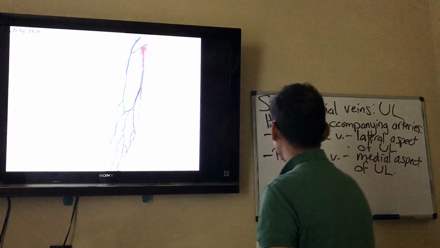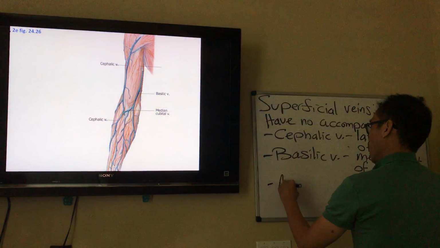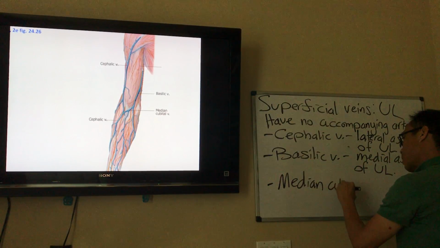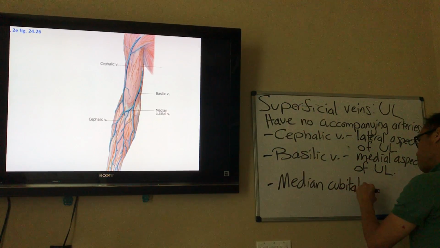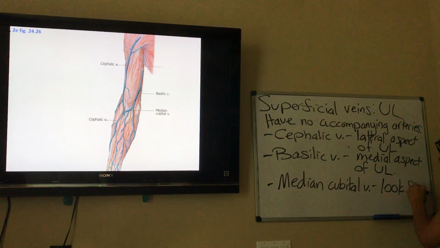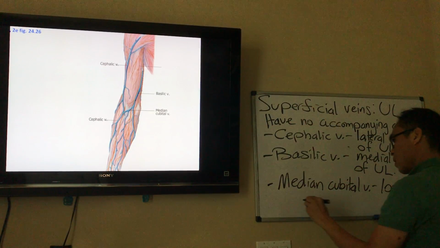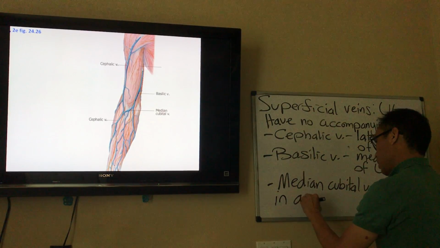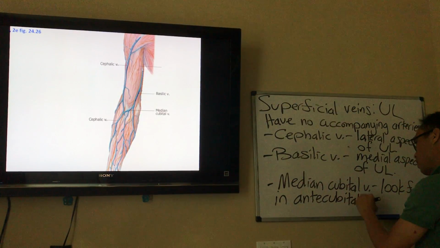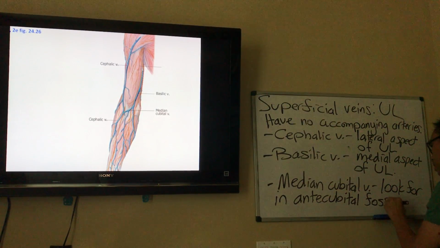So note that. Look for it in antecubital fossa, sometimes ACF for short.